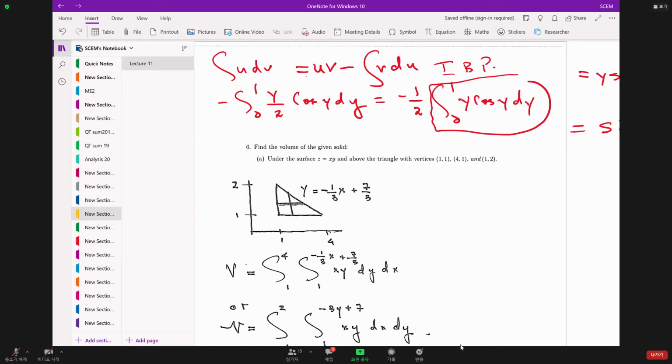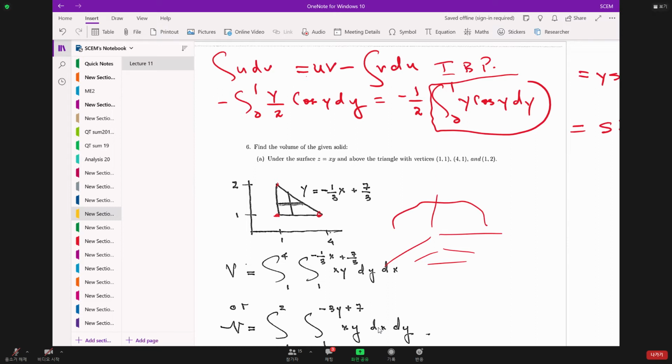Find the volume of a given solid. Here you're given the vertices of this triangle: one vertex is 1, 1, another is 1, 2, and this is 4, 1. So you have some surface over this. If you were to draw this in the XY plane, you have something like this, and then a surface over it. All you need to know is the projected area.